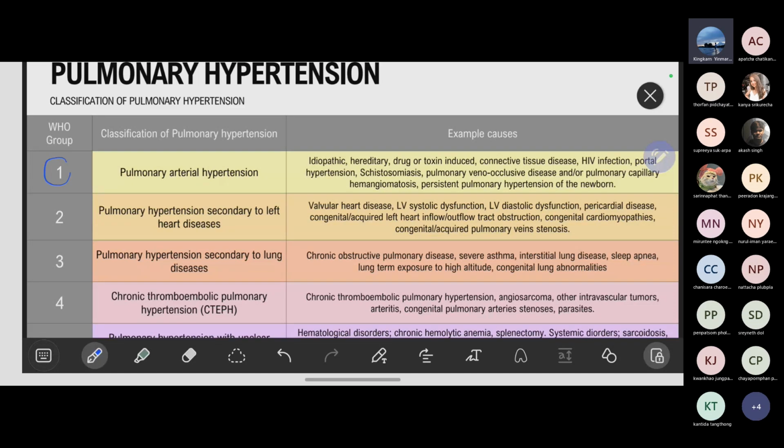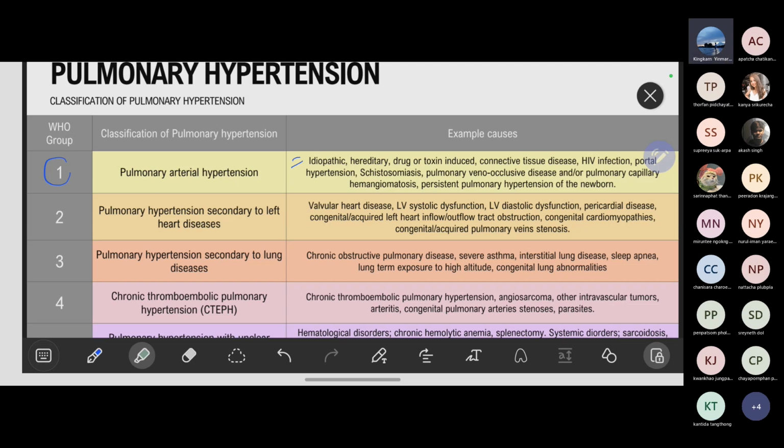The major pathology in this group is obstruction of pulmonary vessels. These are example causes. They cause a decrease in the inner diameter of pulmonary capillaries that at the end leads to increased pulmonary vascular resistance and results in high pulmonary artery pressure.